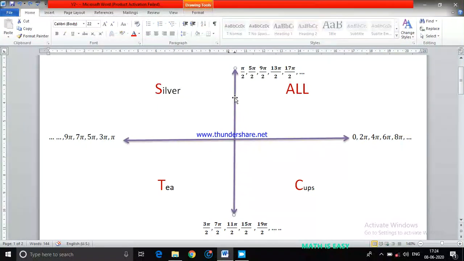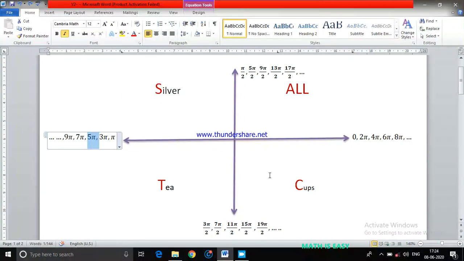When you reach here, 810 is 9 pi by 2. Then 900 is given by 5 pi; you can multiply 5 into 180 degrees, which is 900 degrees. So it will keep on rotating.